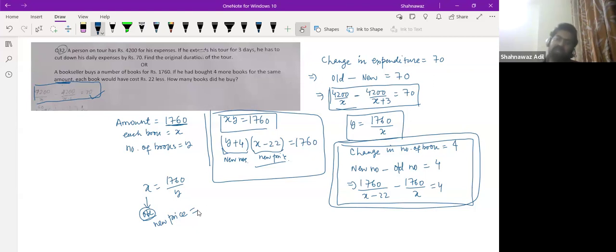I'm saying that we can write in terms of y as well. What is the new price, guys? Amount is same, right? Price is amount by the number of books. So amount is same. What is the new number of books?